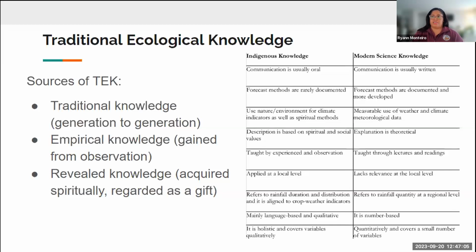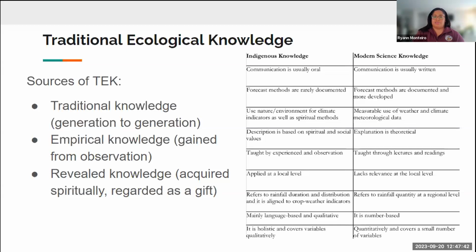So traditional ecological knowledge, or TEK, has really come up in popularity. It's kind of like a new buzzword, and I'm sure that there are varying understandings of it. The three main sources of TEK are traditional knowledge, which is passed from generation to generation, traditionally usually oral; empirical knowledge, which is gained through observation; and then revealed knowledge, which is acquired spiritually and is regarded as a gift.